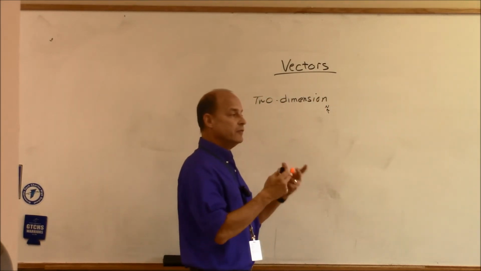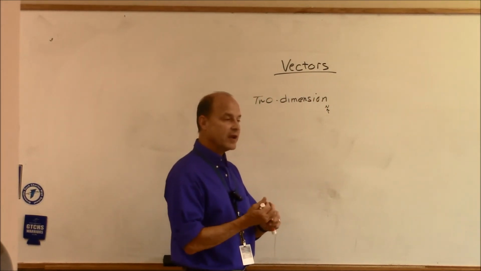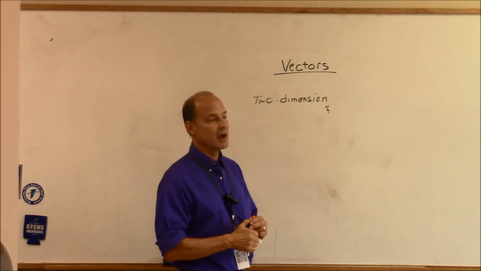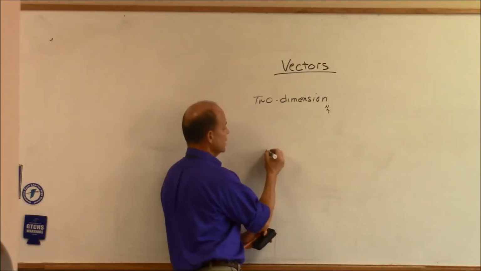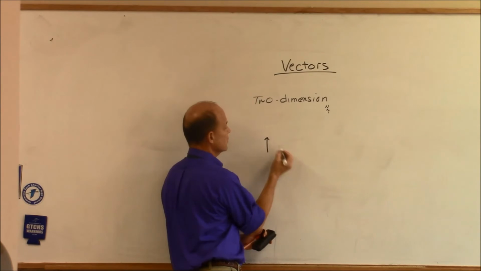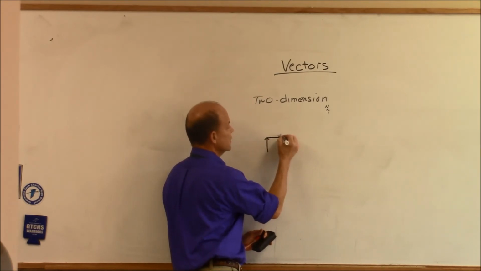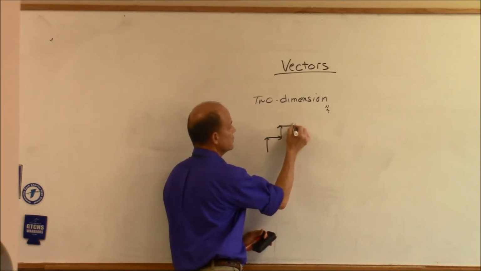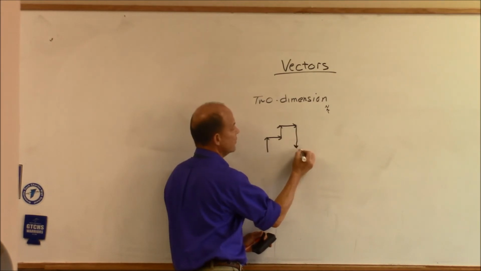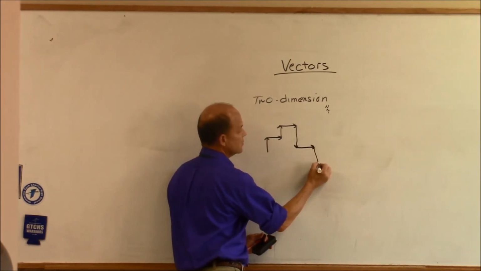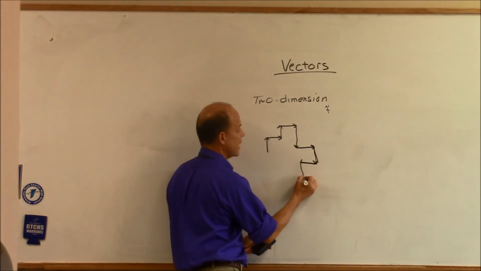Now, vector addition is very useful when you're trying to figure out what the displacement is. Let's say a man travels up north, then he travels east, then he travels north again, then he travels east, then he travels south, then he travels east, then he travels south. Right? Then he travels west, then he travels south. Okay?